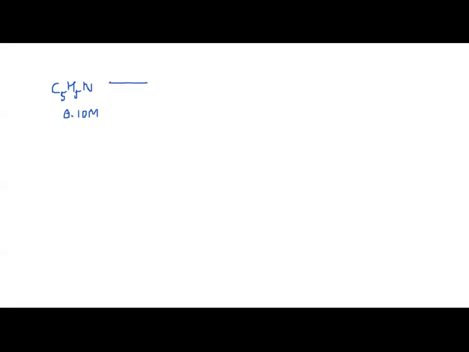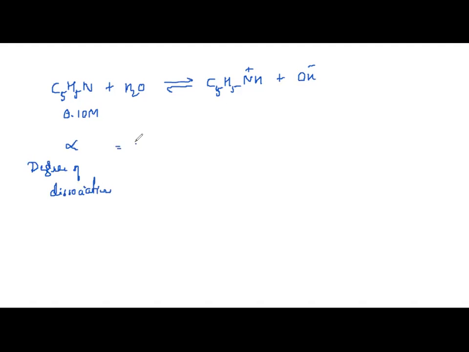It combines with H2O and dissociates partially to give us C5H5NH plus and OH minus. So degree of dissociation alpha. What is alpha? It is the degree of dissociation. So degree of dissociation alpha for a base is what? It is root of Kb by C. If it is for an acid, it will be root of Ka by C. That is equal to root of Kb, how much is it given?